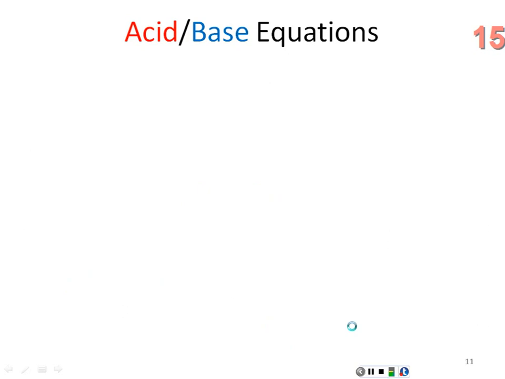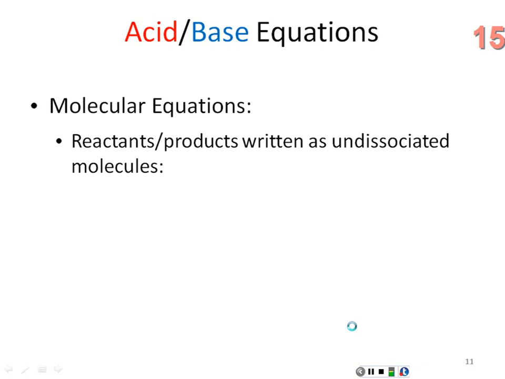Now, how can we write acid and base equations? Well, the first way is the molecular equation. And this is, again, like we talked about last time, the products and the reactants are written as their undissociated molecules.